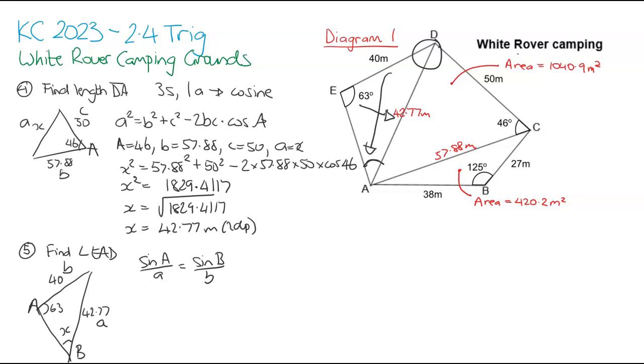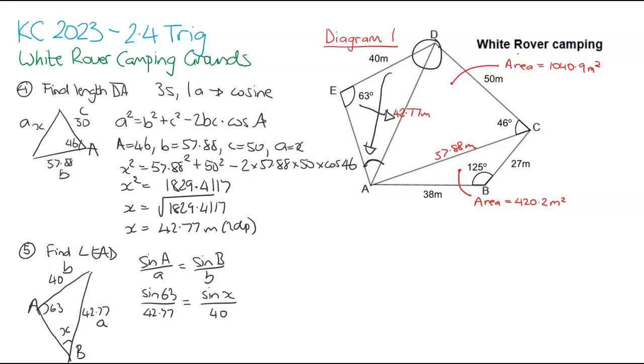We're now going to substitute. I won't write these all out separately, but we've got big A as 63, so that there will be sine 63 over little a, which is 42.77. And that there will be equal to big B, which is our X value, that's our unknown. So we've got sine X over little b, which we said was 40.